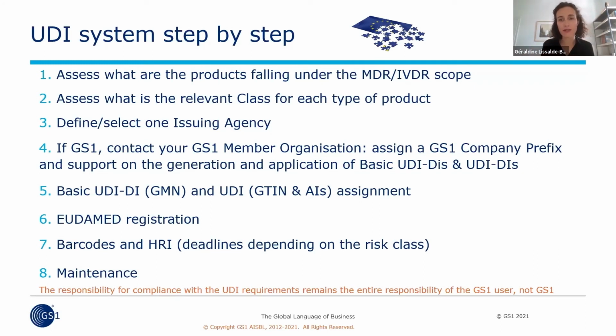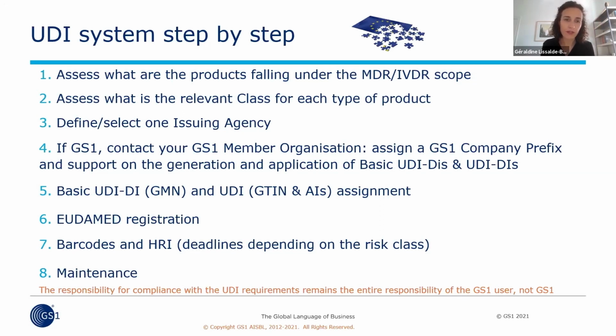different identifiers, etc. And assign them to the product, register everything in EUDAMED, barcode the product, and make sure that you have the right system for the maintenance of the data. That's the order which is in the regulation.